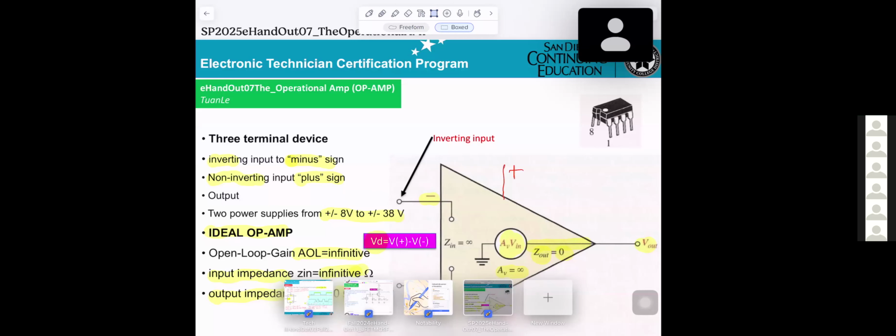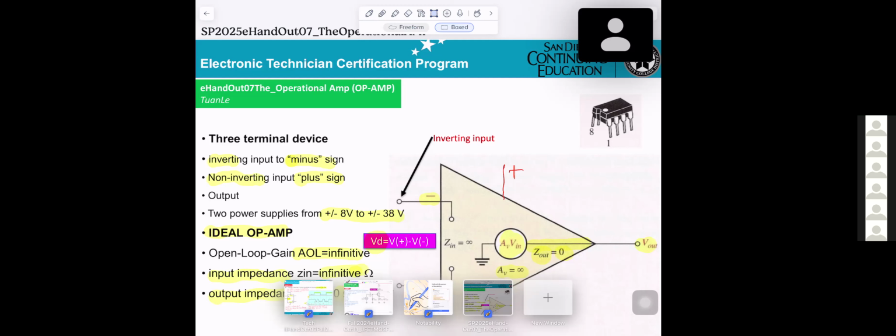Okay, so I'll just go over the operational amplifier with you. Basically, you need to understand the bipolar transistor, the diode, and the operational amplifier, and the next transistor will be the JFET.